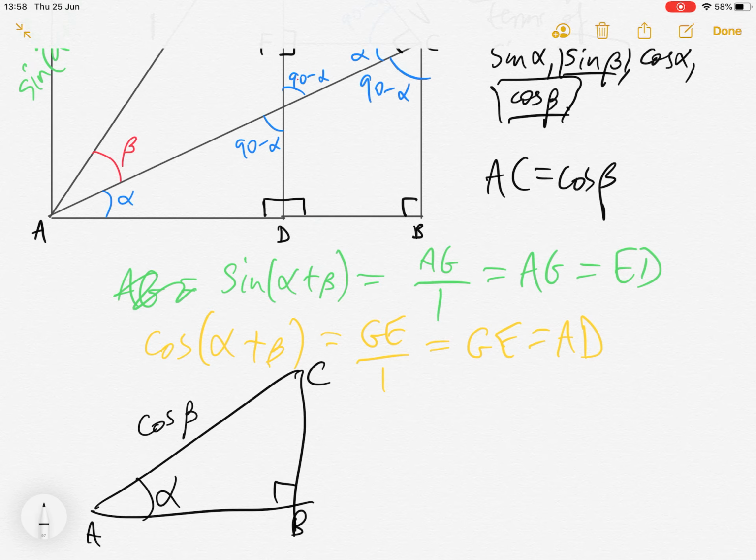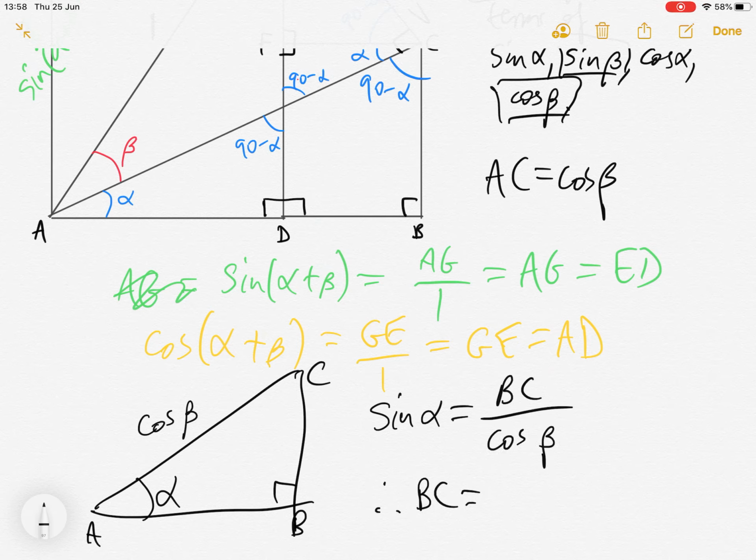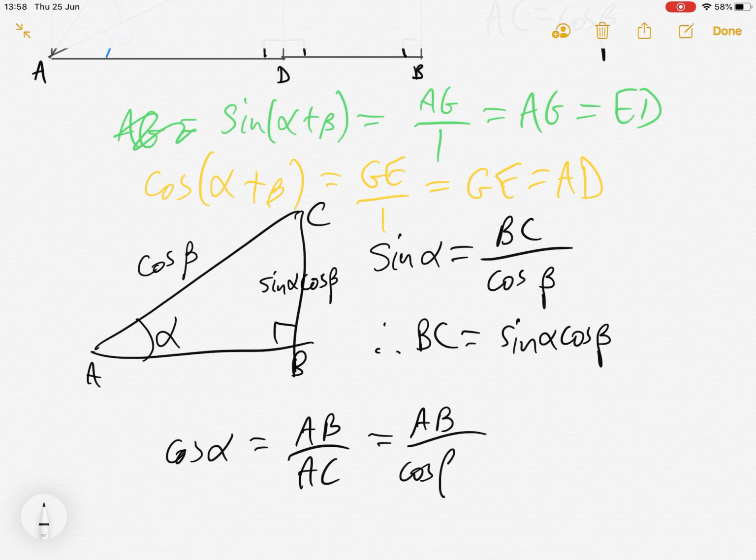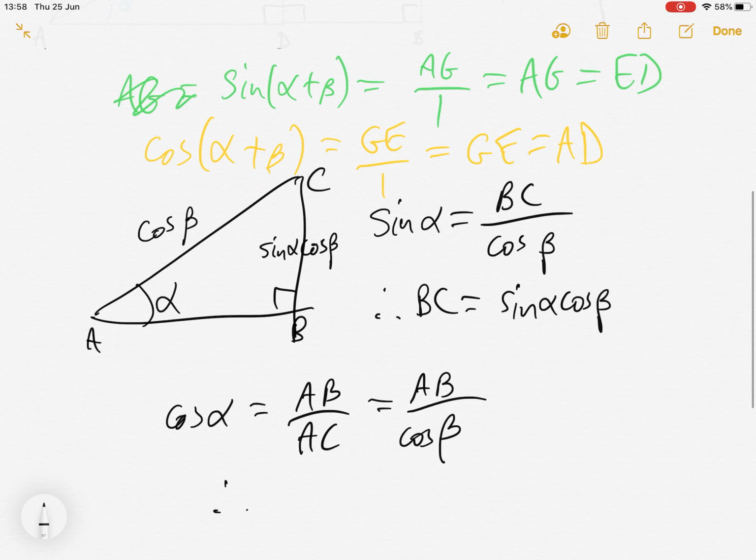If we work out sine of alpha using this triangle, we get BC over cos beta, which tells us BC is sine alpha cos beta. And if we do the same thing for the other side, cos alpha is AB over AC, which is AB over cos beta. Therefore, AB is cos alpha cos beta.